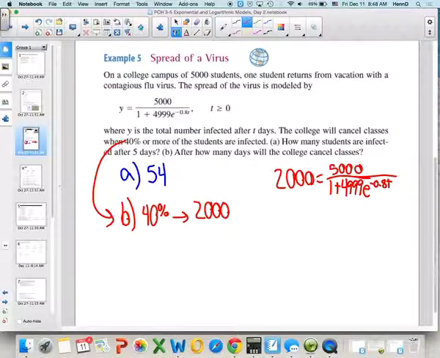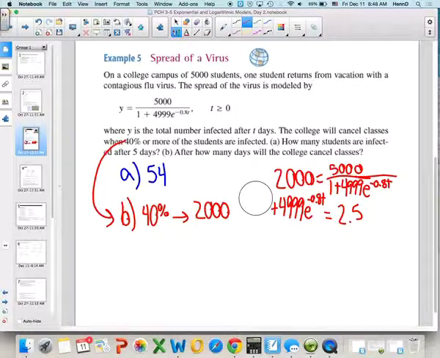Basically you're multiplying both sides by the denominator, and then dividing both sides by 2,000. So 1 plus 4999 e to the negative 0.8t equals 5,000 over 2,000, so that's 2.5. Subtract 1 from each side, so we've now got 1.5.